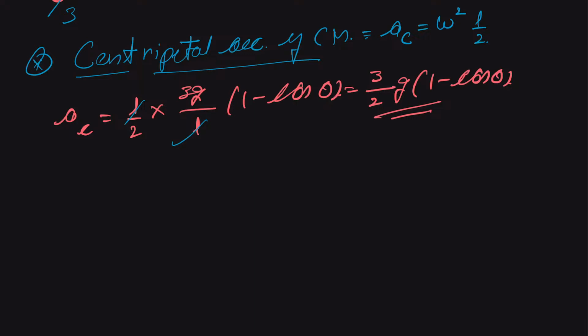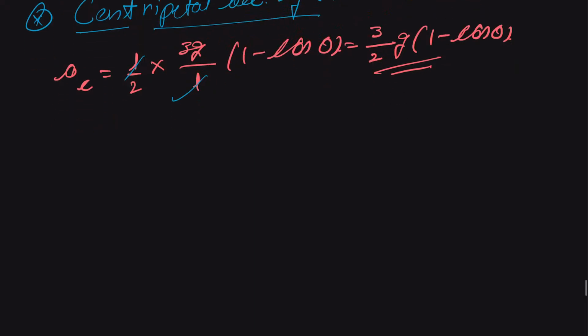So this is our acceleration of the center of mass towards the pivot, or we can say towards the rod's circular path. This is our B, towards the pivot point.